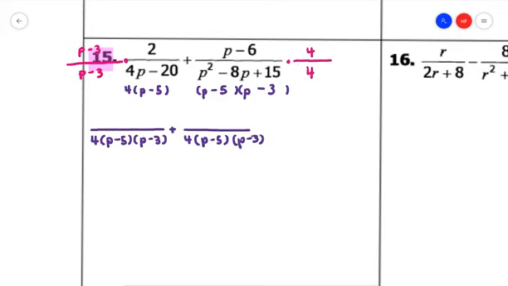On the left side, we would have 2p minus 6. And on the right side, we would have 4p minus 24.